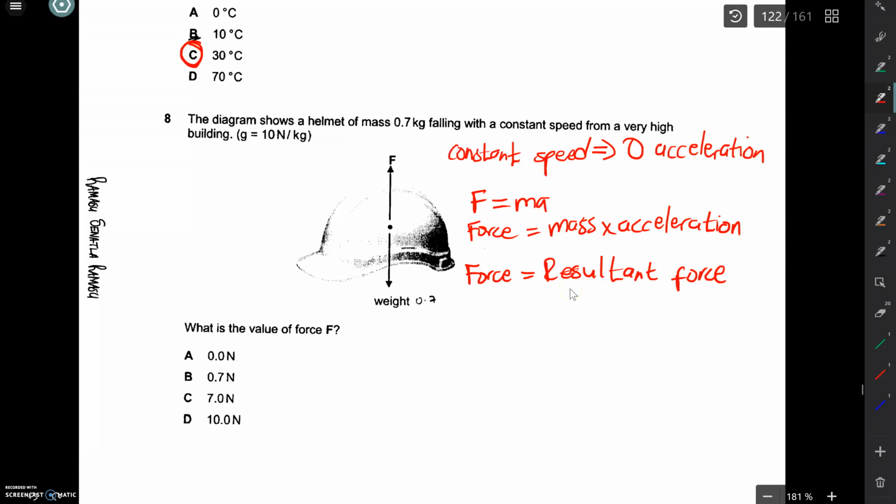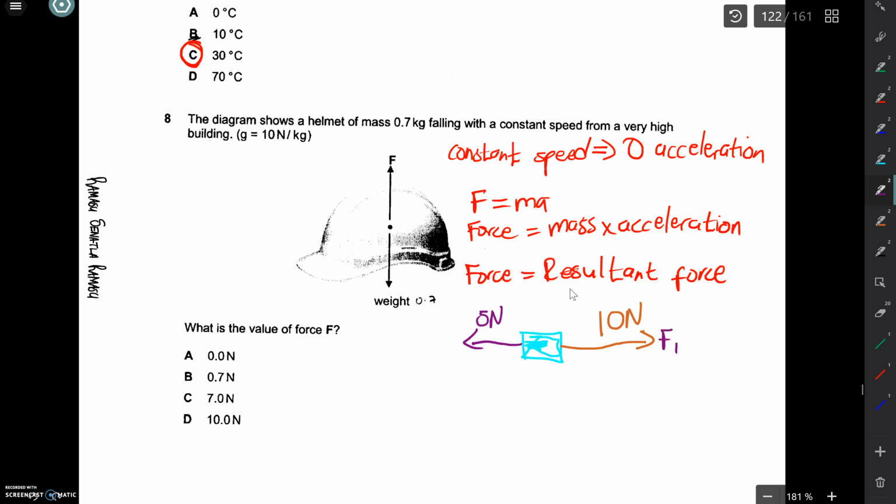For example, if you have a box, and one force pulling in this direction, say 10 newtons, and another force pulling in the opposite direction, 5 newtons, the resultant force would be the difference.